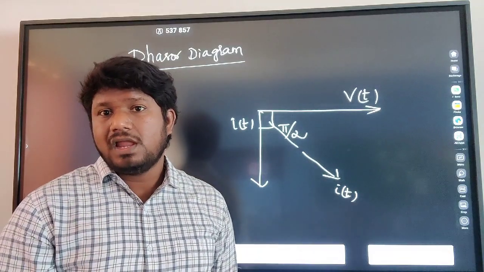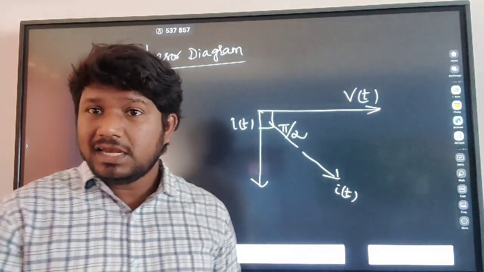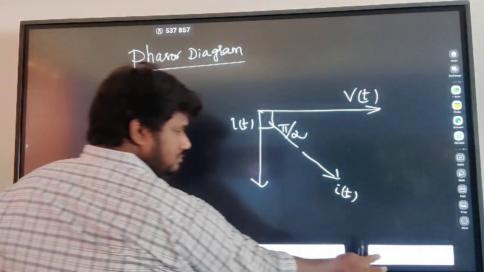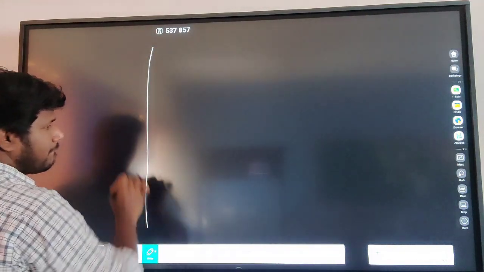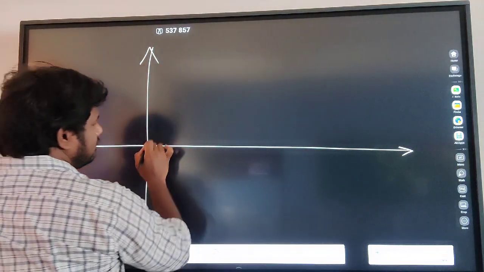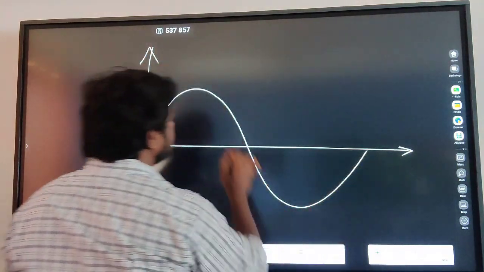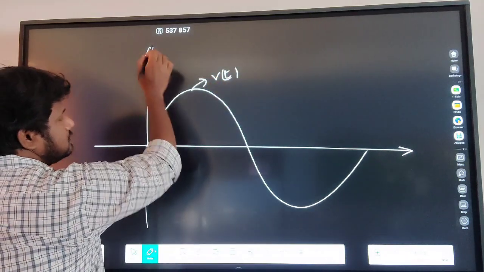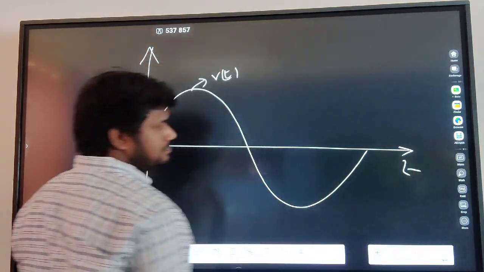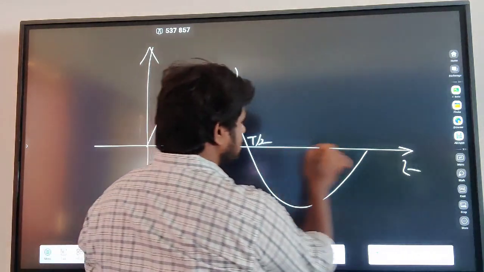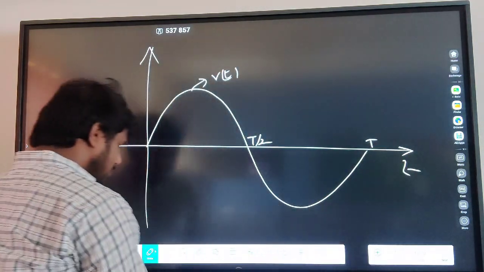Now I want to talk about sinusoidal waveforms. First of all, I am going to plot the voltage v of t. This is voltage and this is time. v of t with respect to t, this is T by 2, this is T. Now the current.